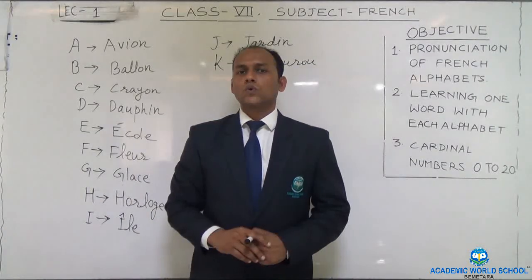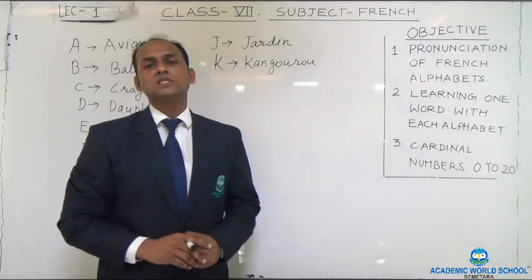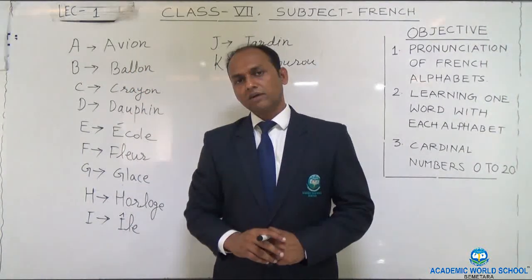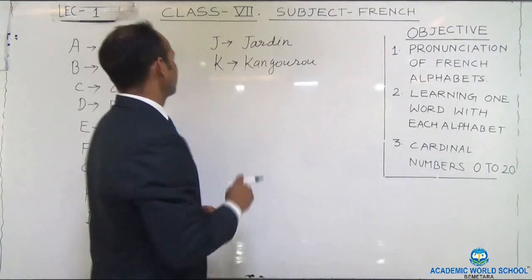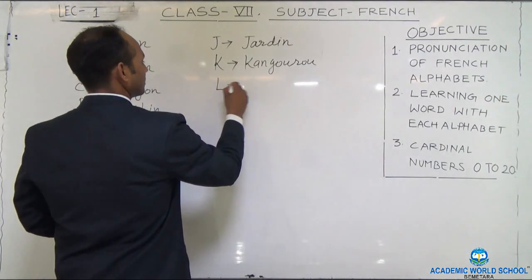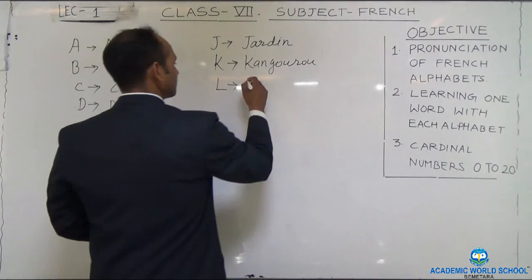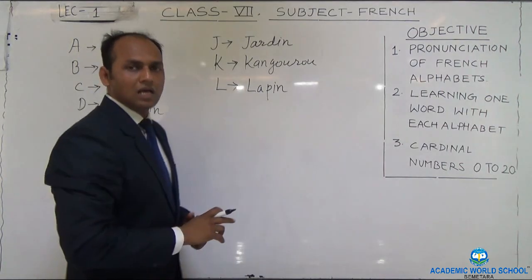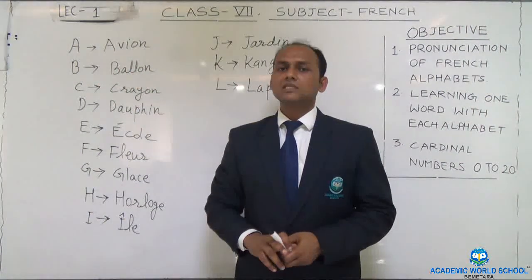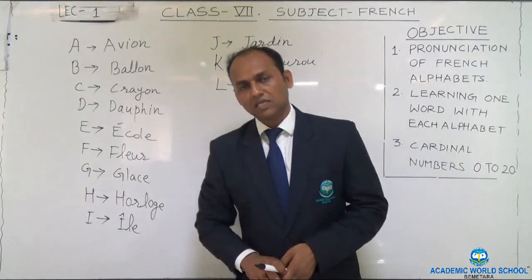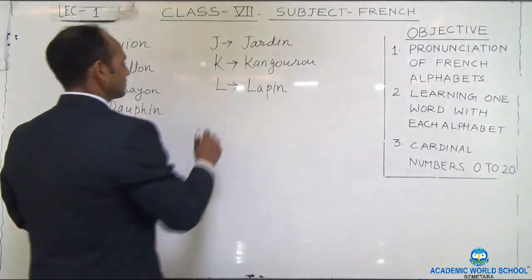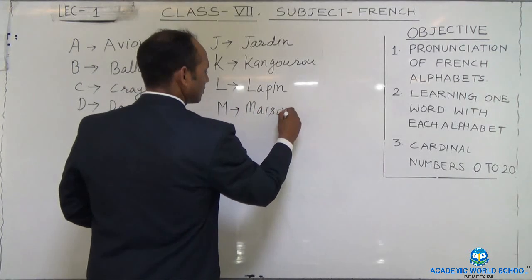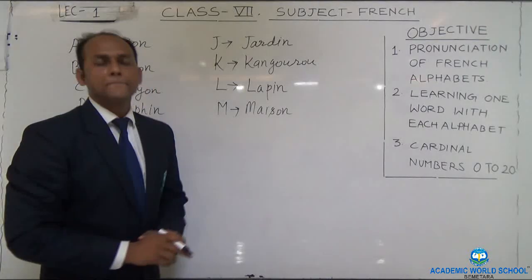K: Kangourou. Kangourou means kangaroo, the national animal of Australia. L: Lapin. Lapin means rabbit. M: Maison.